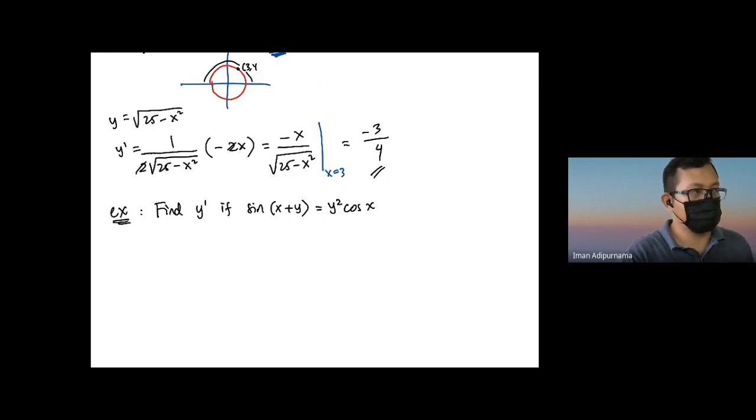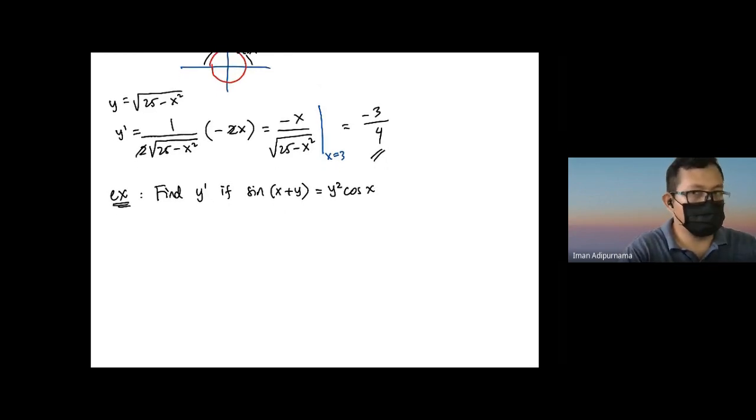So this is combining chain rule, implicit differentiation, and trigonometry, and see how you can process this in your calculation. Let me give you some time to check.